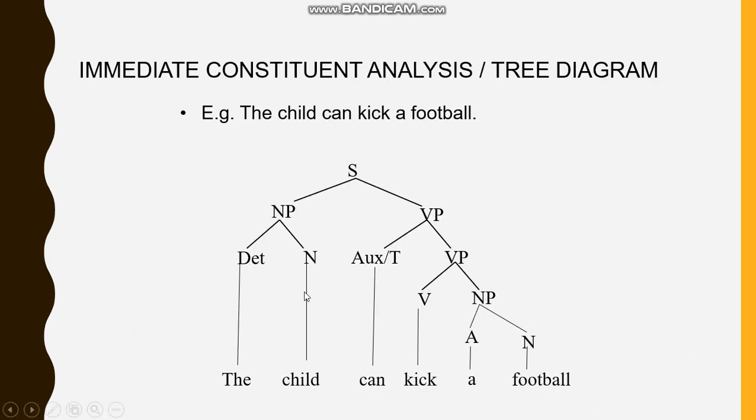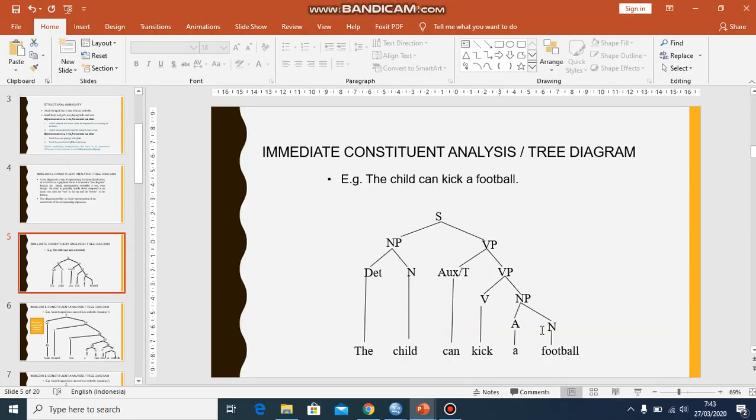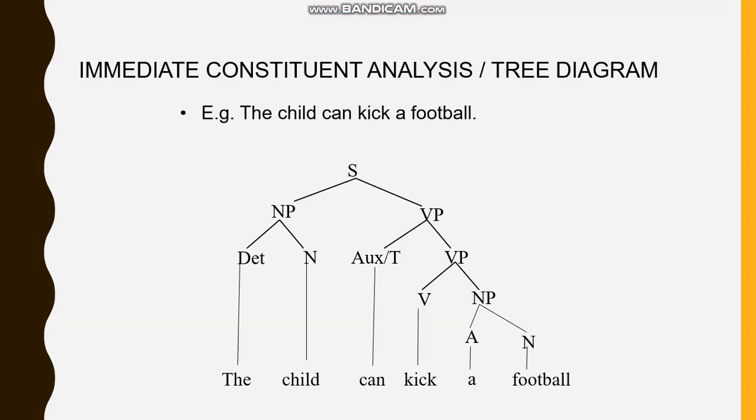Once you understand the previous rules, we are going to analyze this sentence. It has two divisions, noun phrase and verb phrase. We have a determiner and noun: the children. Go back to the rules. And then we have the verb phrase, rule number 4, auxiliaries and verb phrase. So you move the word can outside first.